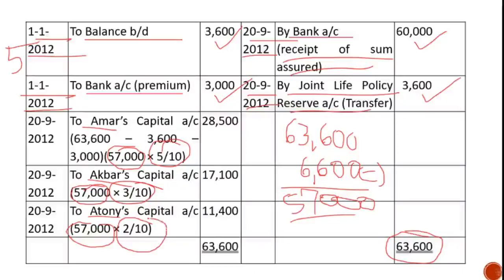When you divide, you will get 28,500, 17,100, 11,400. So the total on both sides is 63,600. The joint life policy account is closed by transferring the remaining balance to the old partners in their old profit sharing ratio. With this, we have come to the end of the second problem.